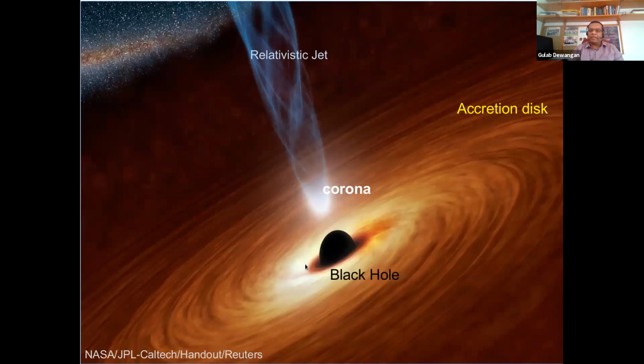We do not understand the exact geometry of this accretion disk and hot corona, but we think there is an accretion disk surrounding the supermassive black hole, and in the vertical direction along the symmetry axis there is likely a corona, which probably can be the base of a jet, or it may also be confined to the innermost regions where the disk may be truncated somewhere and the inner region may be filled with this hot corona. We do not know exactly, and different types of objects may have different types of accretion disk and corona geometry as well.